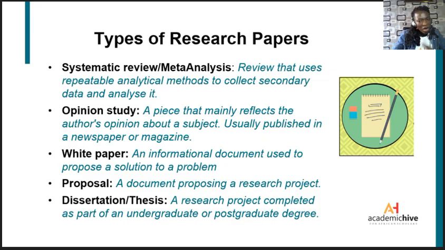Systematic review is review that uses repeatable analytical method to collect secondary data and analyze it. So it's more exhaustive than a literature review, because literature review would basically include published work, published literature that's already out there. But in systematic review, the difference is that it includes what is called gray literature.